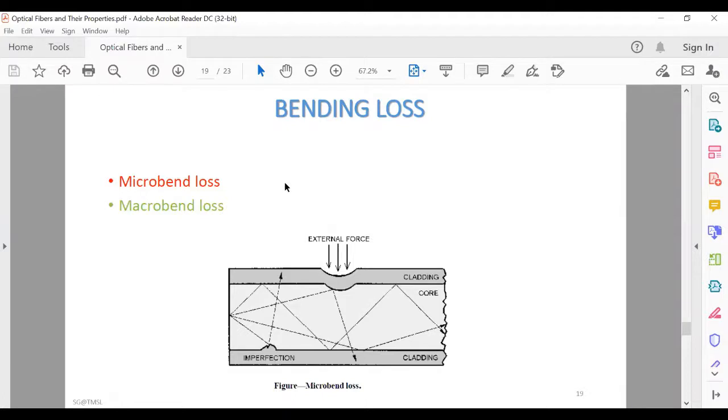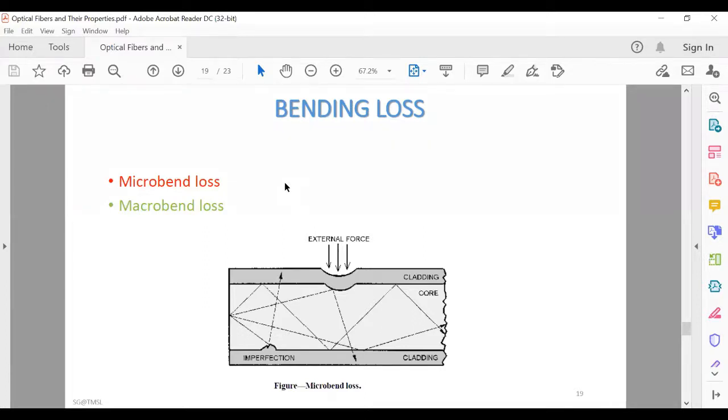Microbend losses are caused by small discontinuities or imperfections in the fiber, such as uneven coating applications and improper cabling procedures.